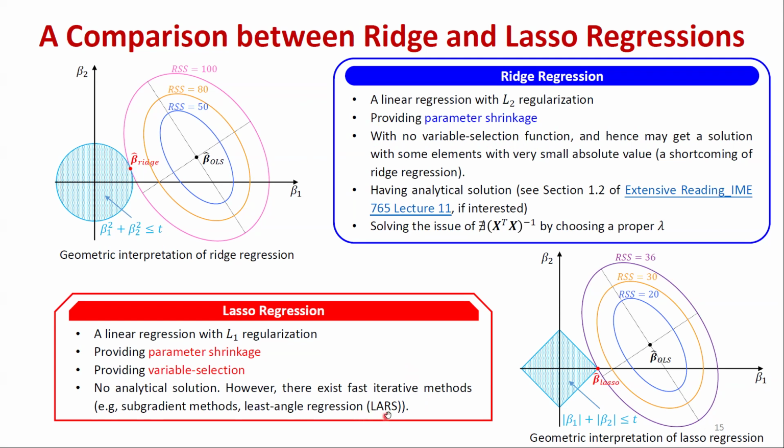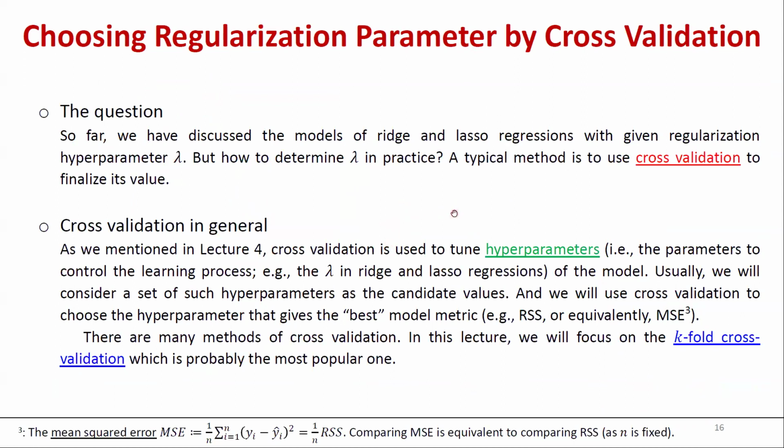For lasso regression, it's usually a numerical solution, like the subgradient method or least angle regression methods. These are fast iterative methods, but they are not analytical methods. So this is a comparison.